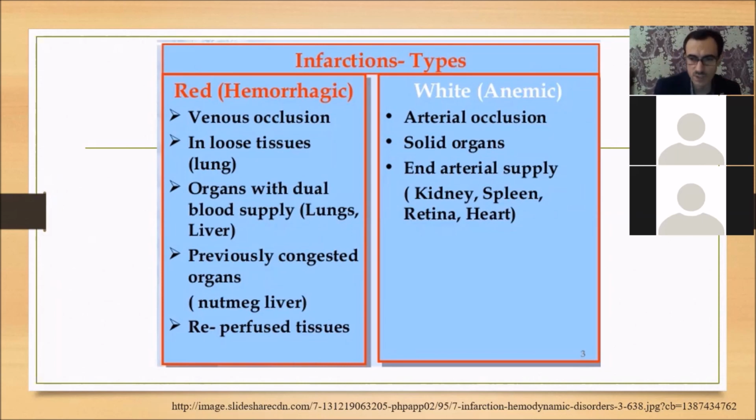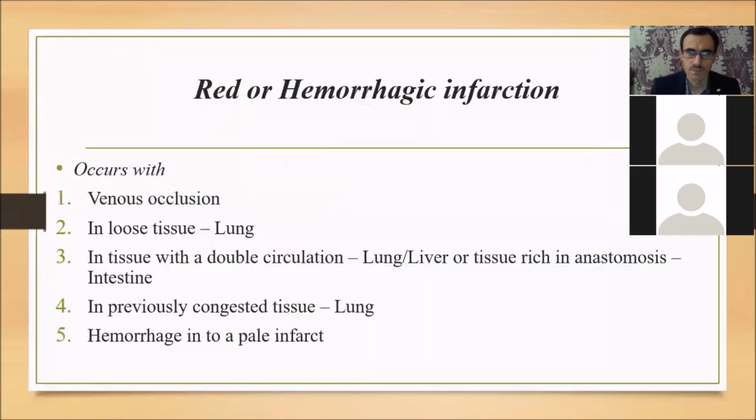In the next week, we'll discuss the hemocirculatory disorders, the venous congestions. For example, in the liver, we'll discuss the nutmeg liver, the blocking of the venous drainage from the liver, and here develops the red hemorrhagic infarct.